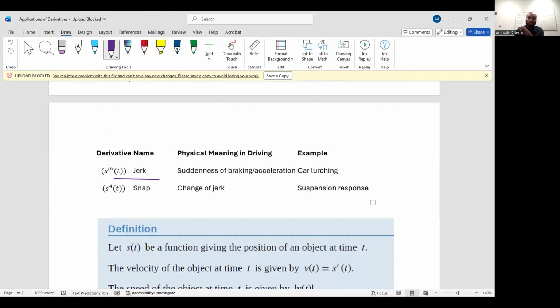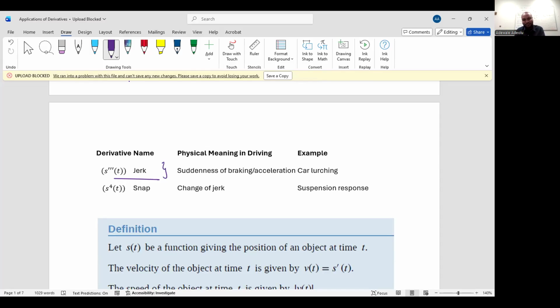If you take the derivative of your acceleration, that is the rate of change of acceleration, you have what we call jerk. That happens when you are driving and you suddenly press the brake, or you are moving and you suddenly press your gas and accelerate all of a sudden. Your body will feel it.